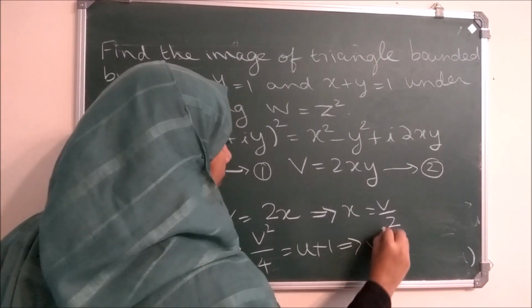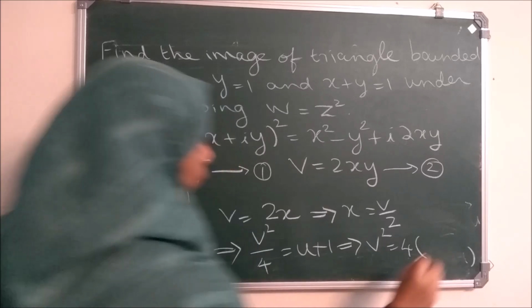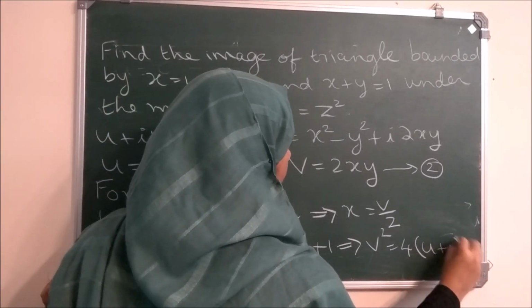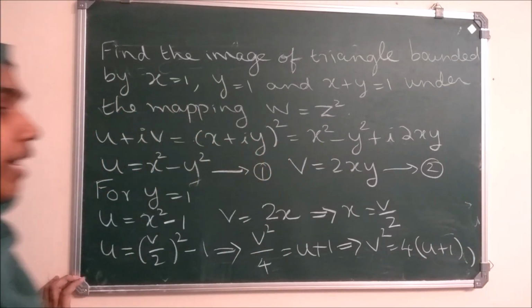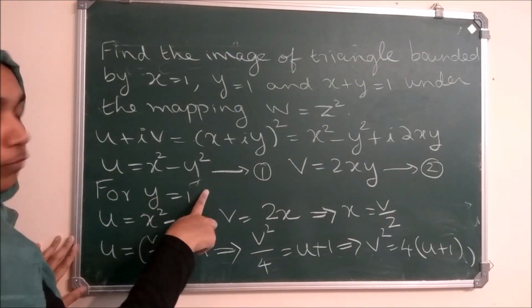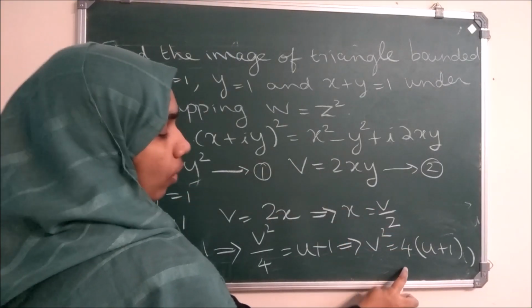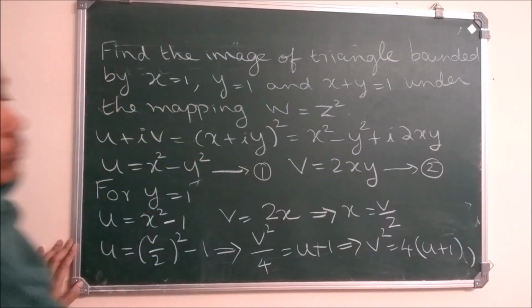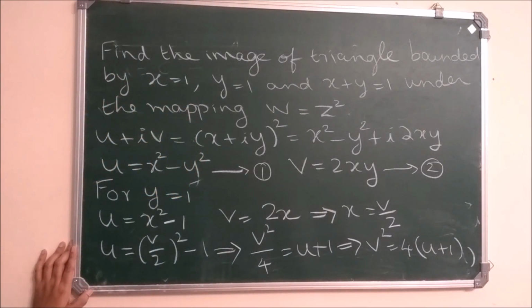This implies V square is equal to 4 into U plus 1, which also represents a parabola. So the image of the straight line Y equal to 1 will be a parabola open towards right. V square is equal to 4 into U plus 1.